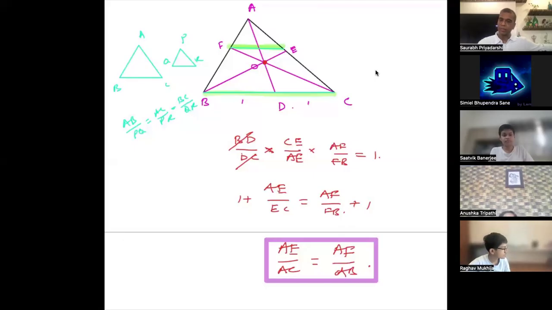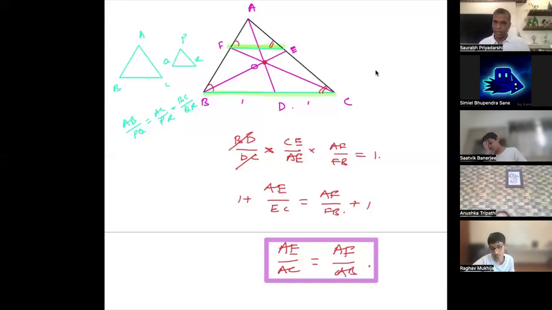And similar means this angle and this angle must be the same, as well as this angle. Means EF is parallel to BC. So a direct question is not there, but we have to apply the concept.